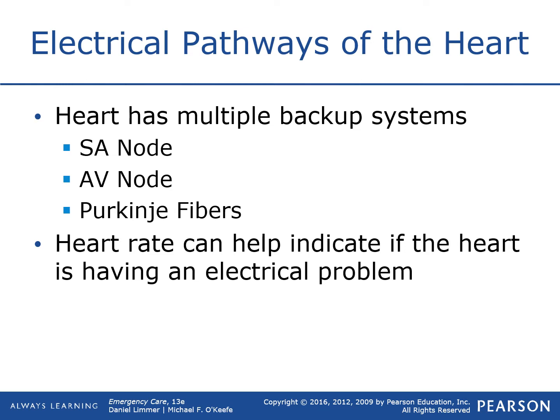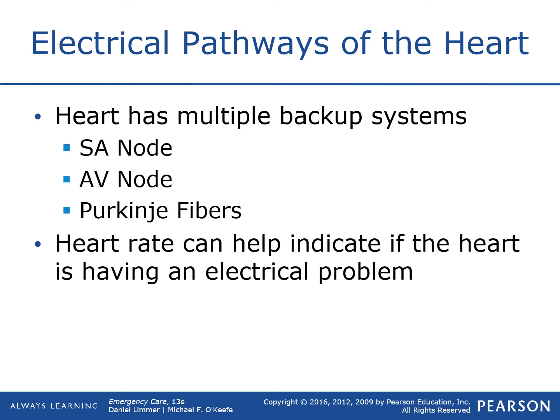Now, the inherent firing rate of your Purkinje fibers is 20 to 40 times a minute. So we know that a slow heart rate is not necessarily effective. So if you have a heart rate that is 20 because it's coming from the Purkinje fibers, yes, your heart's firing, but is it going to be perfusing well? Typically not. And that's why we don't want our Purkinje fibers to be taking over our heart rate.